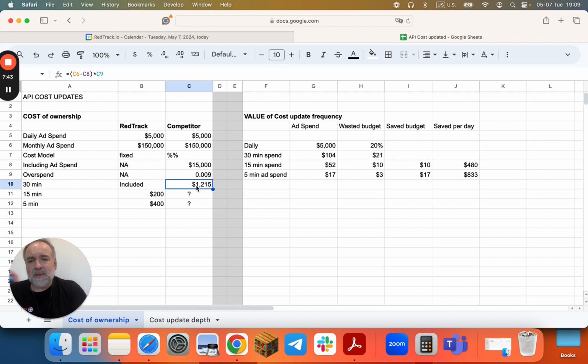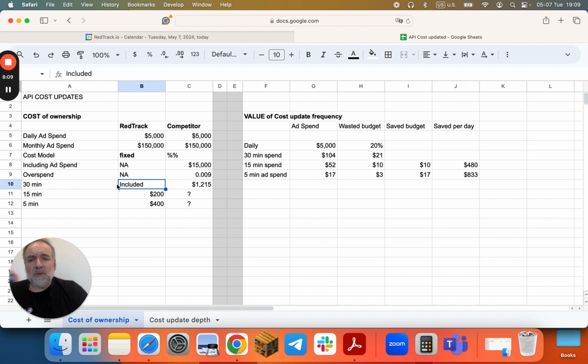We don't believe in this. We believe in a bold, fixed price for cost updates. And moreover, we provide it free of additional charge for every user on our subscriptions every 30 minutes. We provide it actually with free plans too, just not every 30 minutes, for small e-com advertisers.